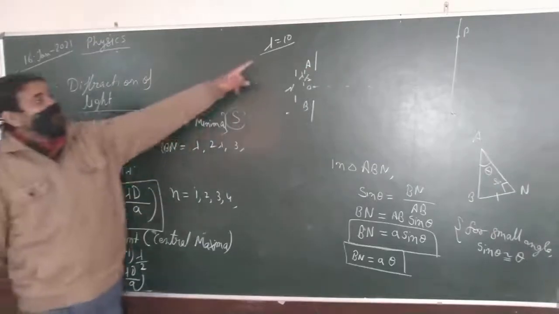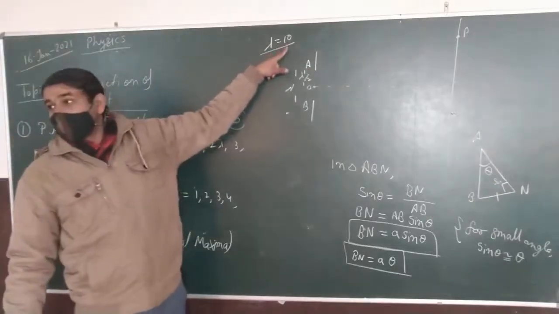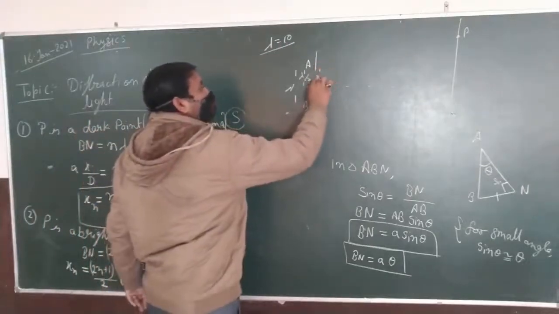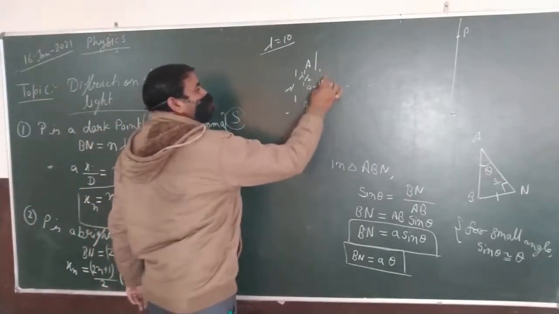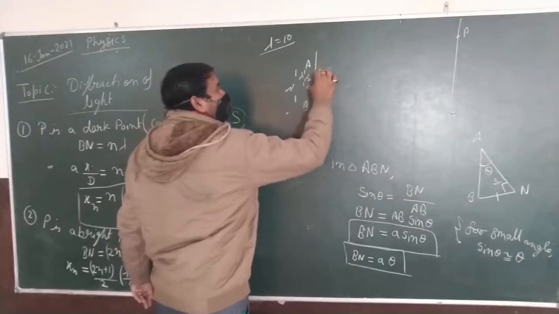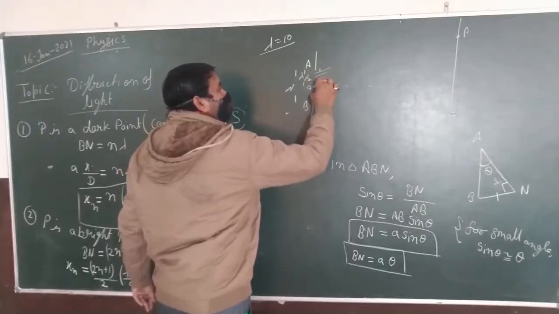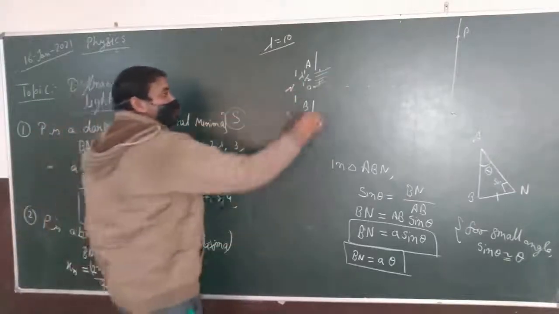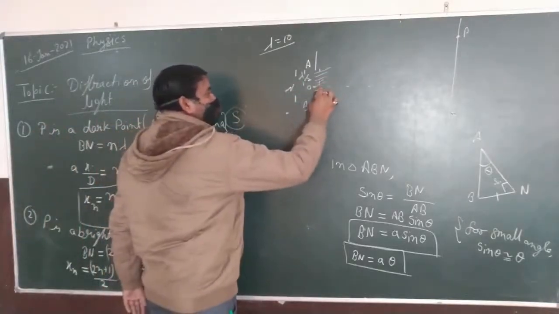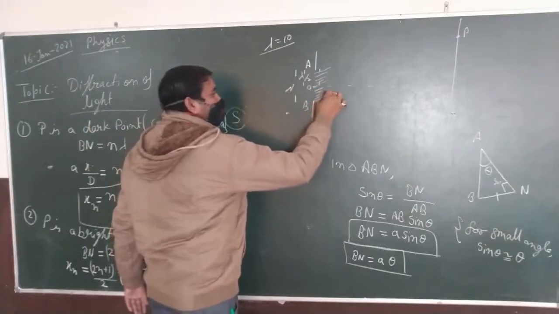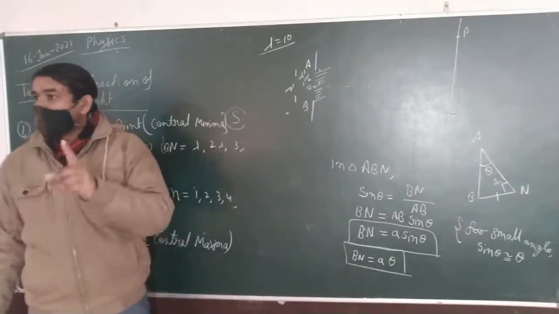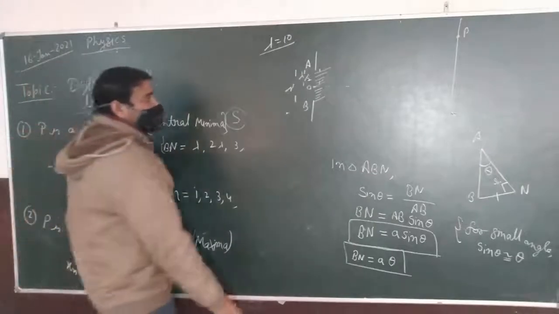And how many lights are there? 10. The first 5 rays travel from A to O, let's say 1, 2, 3, 4 and 5, and the next 5 rays, 6, 7, 8, 9 and 10, travel from O to B. So, understood about the two rays.